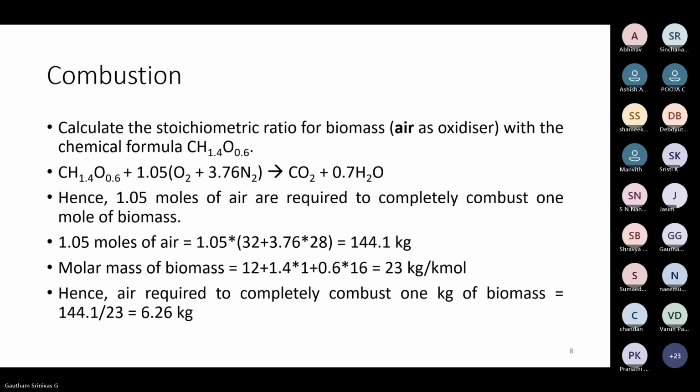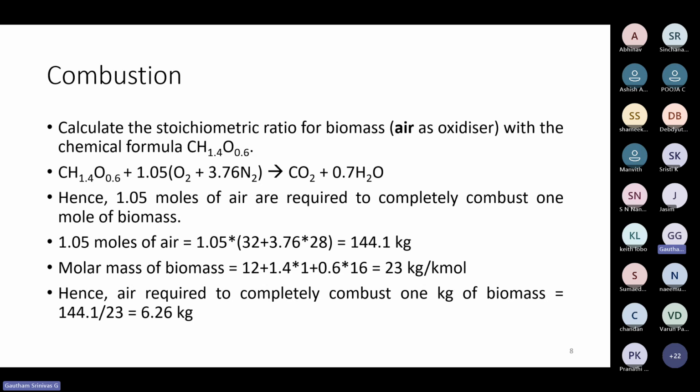Whatever nitrogen goes in will come out in the products. It does not react in an ideal case. So instead of just O2, you have O2 plus 3.76 N2. That is the only difference. And on the right-hand side, you have to add plus 3.76 into 1.05 N2.